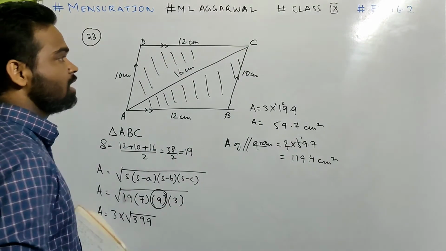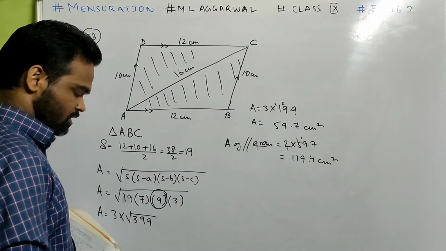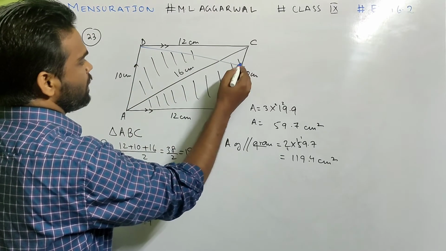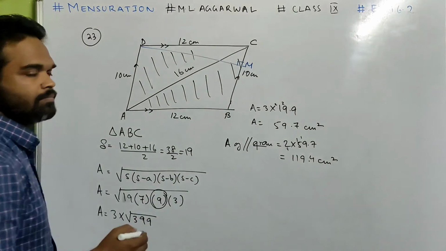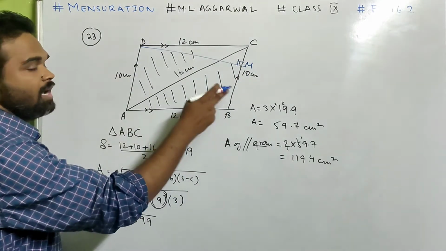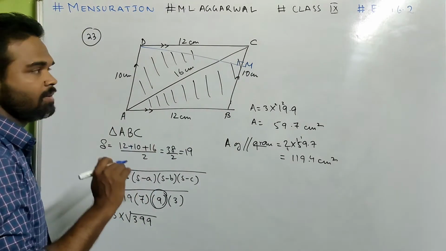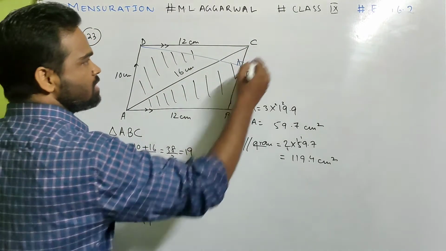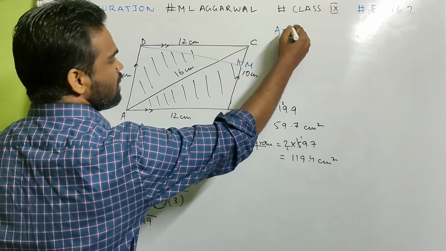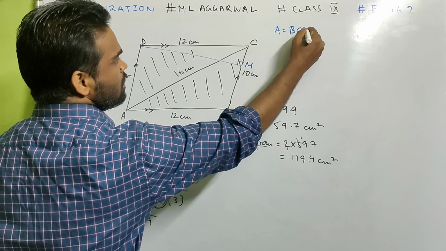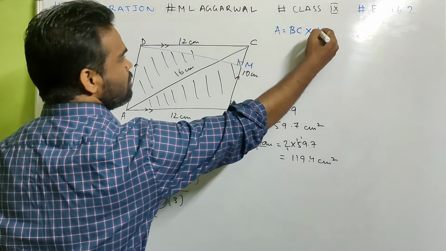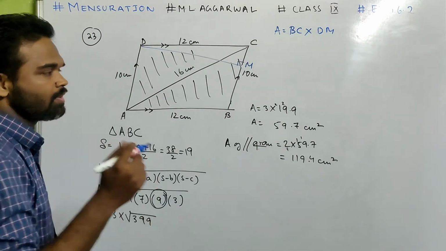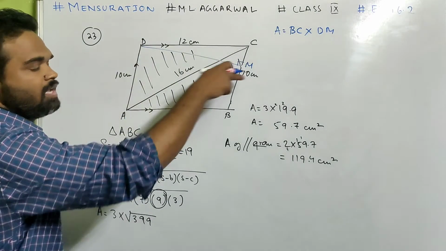Now what they have asked, the distance between the shorter side, which means if from D I'll drop a perpendicular DM, then they've asked DM, distance means the perpendicular distance between them. Now, if BC is your base, area can I write base into height, which is DM? Area of a parallelogram is base into corresponding height. So if I take BC as the base, DM becomes the height.